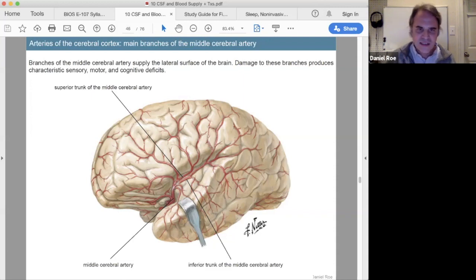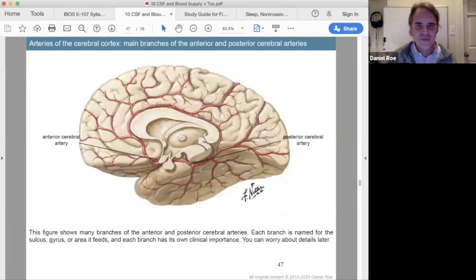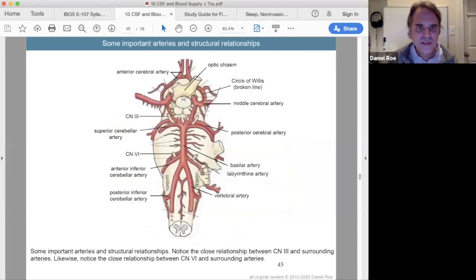And so you can see that the superior trunk is supplying blood to all of this area, the inferior trunk to all of this area, including the parietal lobe. The inferior trunk supplies blood to the parietal lobe, which I think is a little bit counterintuitive, but that's how it works. And so, let's do one more.